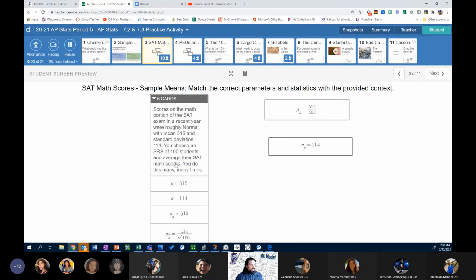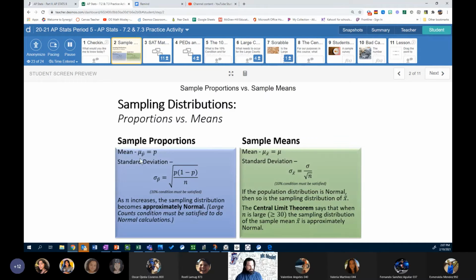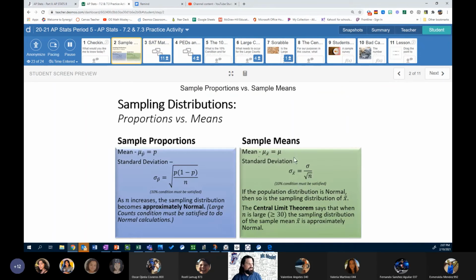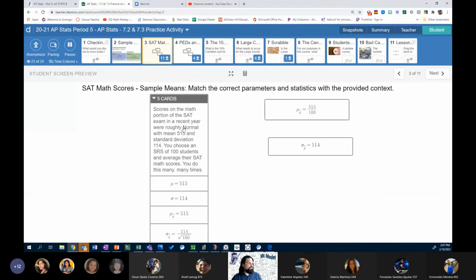We have an n, or SRS, sample size of 100. So the mean of the sample means is 515, based on the rule for sample means. And the standard deviation of the sample means is 114, the standard deviation of the population, divided by the square root of 100, the square root of our sample size. Again, this comes from the rule for the standard deviation of sample means. Okay, so that is the first one.